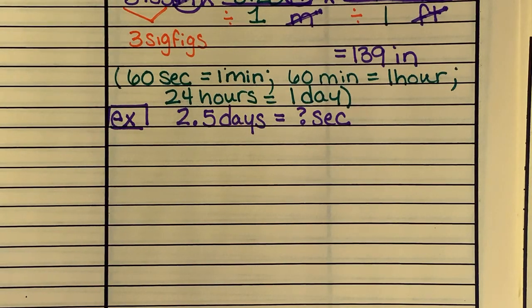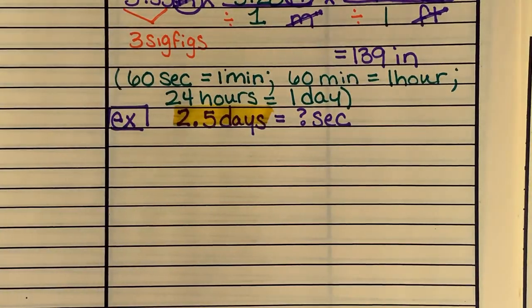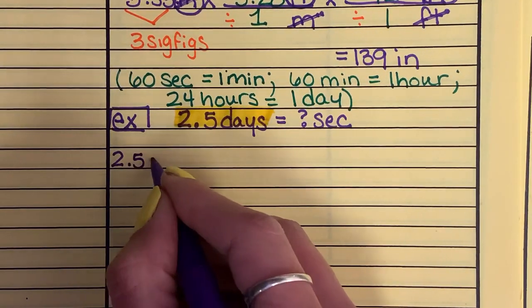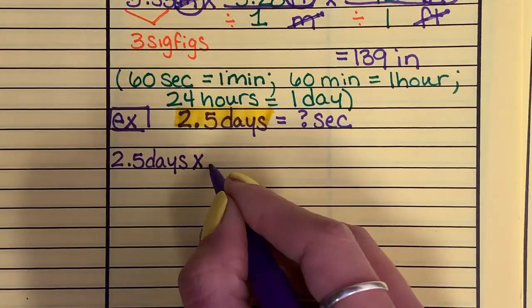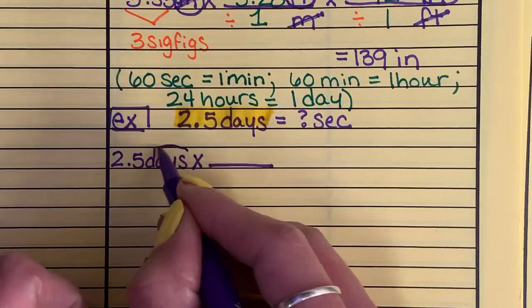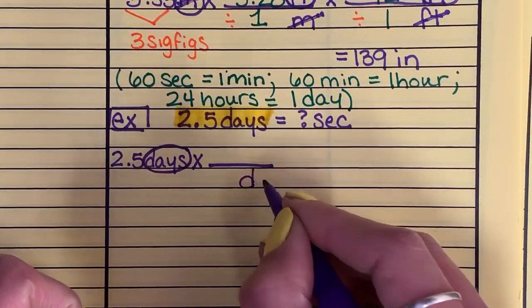Hopefully, when you solve this problem, just like always, we started with the number given. So I had 2.5 days. I drew my times sign and my line. I'm starting with days. I want days to cancel out, so I put that on the bottom.